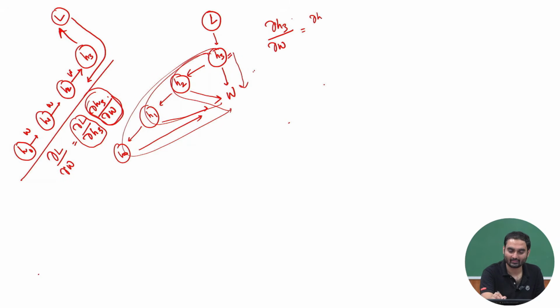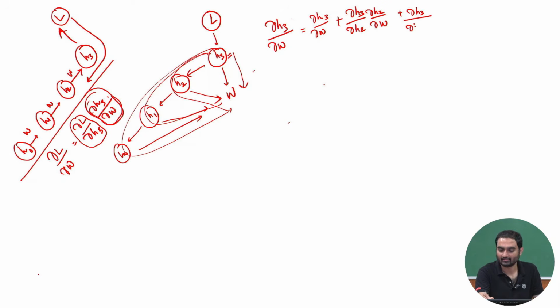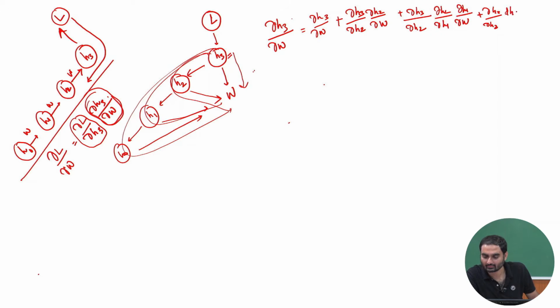So this will be dH3/dW plus dH3/dH2 dH2/dW plus dH3/dH2 dH2/dH1 dH1/dW plus dH3/dH2 dH2/dH1 dH1/dH0 dH0/dW.